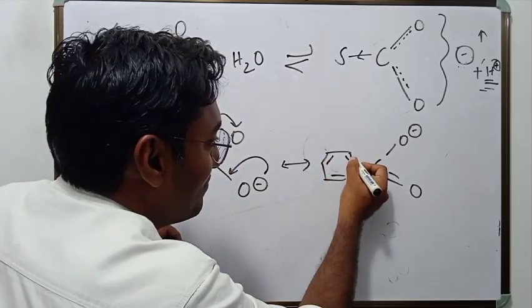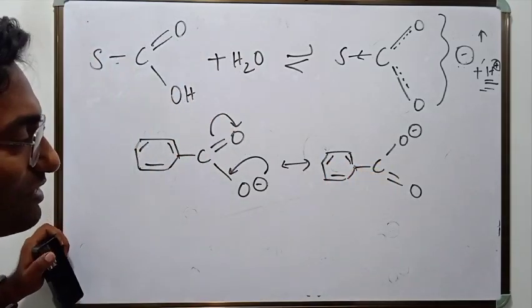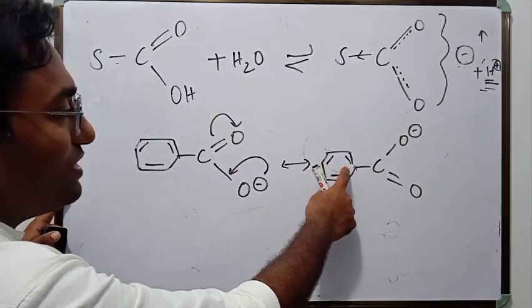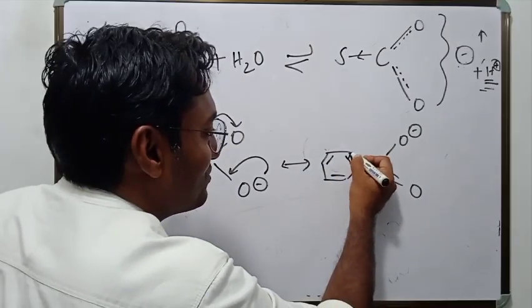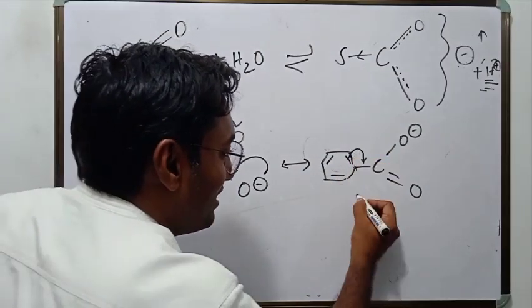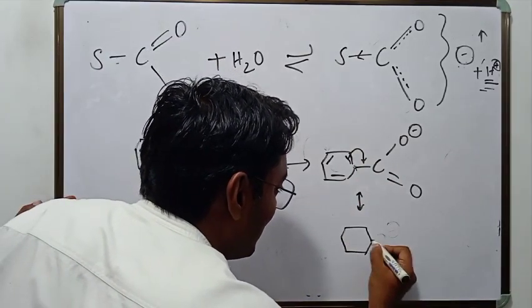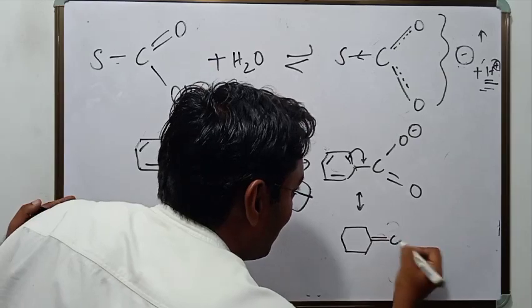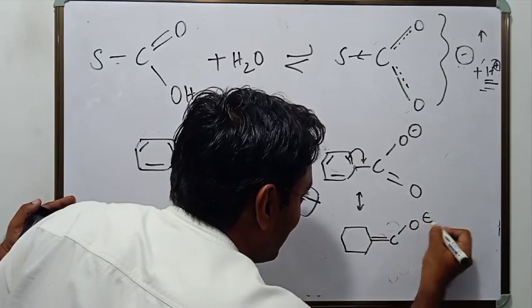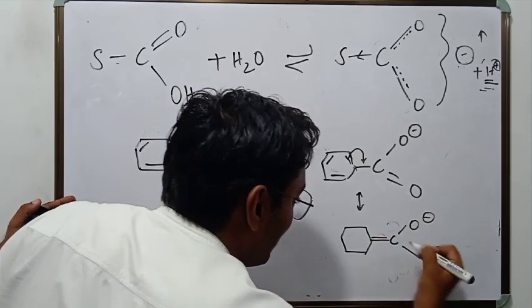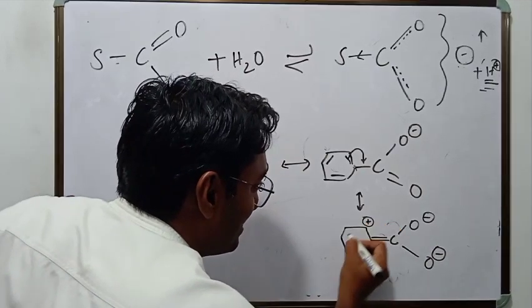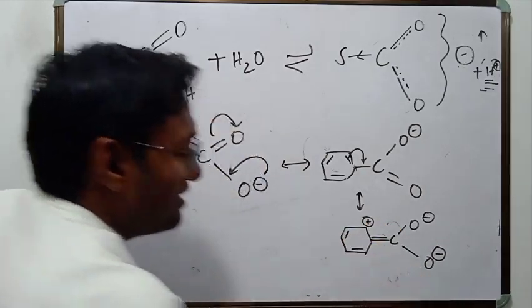What will be the second resonating structure? That would be owing to the phenyl ring. So this double bond can come here and we get it like this. And this can become a positive sign. Am I right?